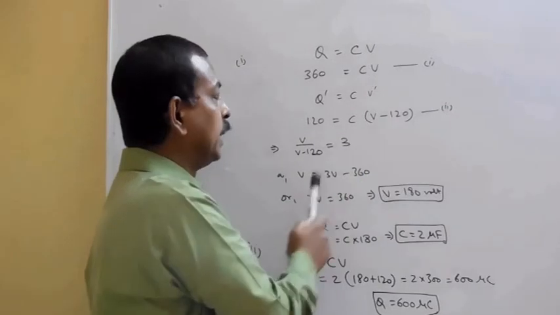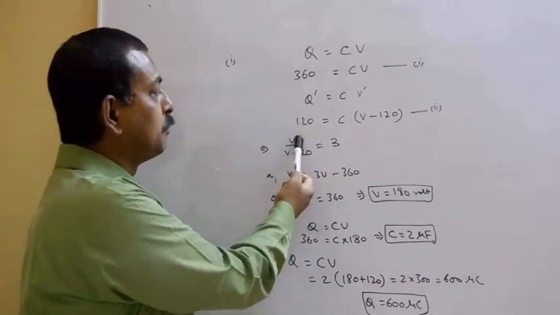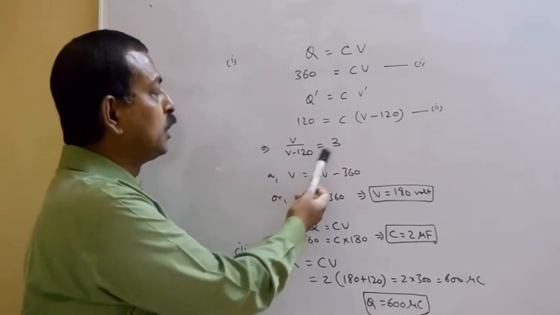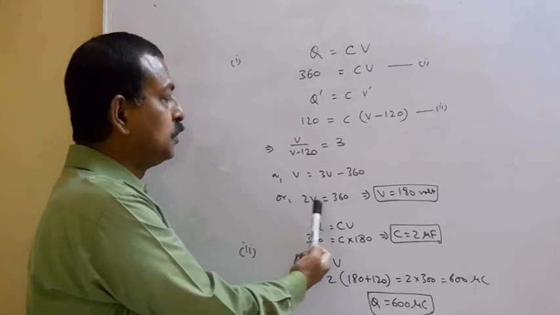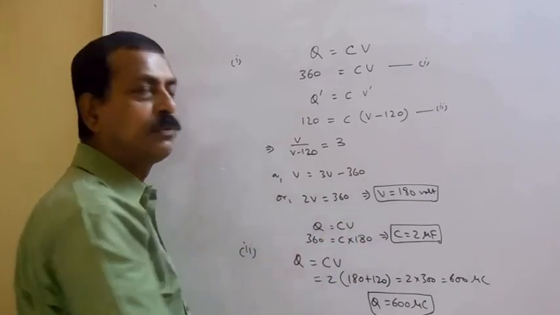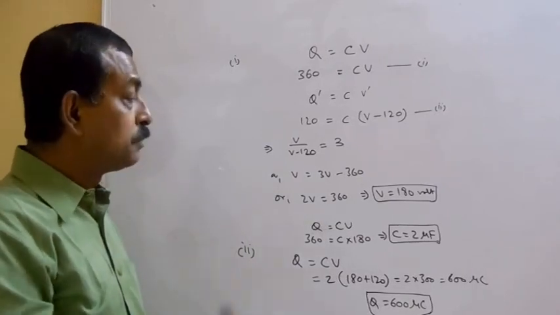This is equation number 2. Now if you take equations 1 and 2, we get V by V minus 120 as 3, or V equals 3V minus 360, 2V is 360, that gives V equals 180 volt.